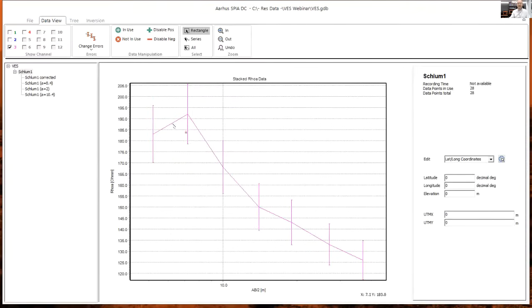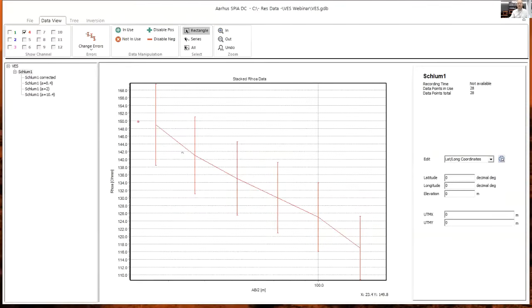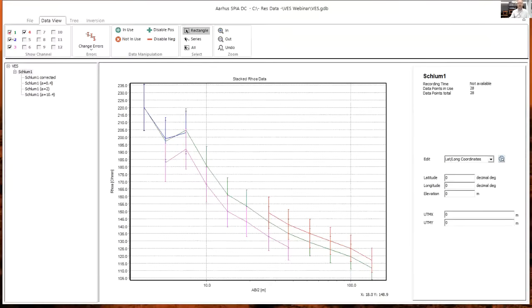Data points associated with a spacing of 2 meters, and data points associated with a spacing of 10 meters. And then I can look at all of those together. And I can also look at the combined curve.